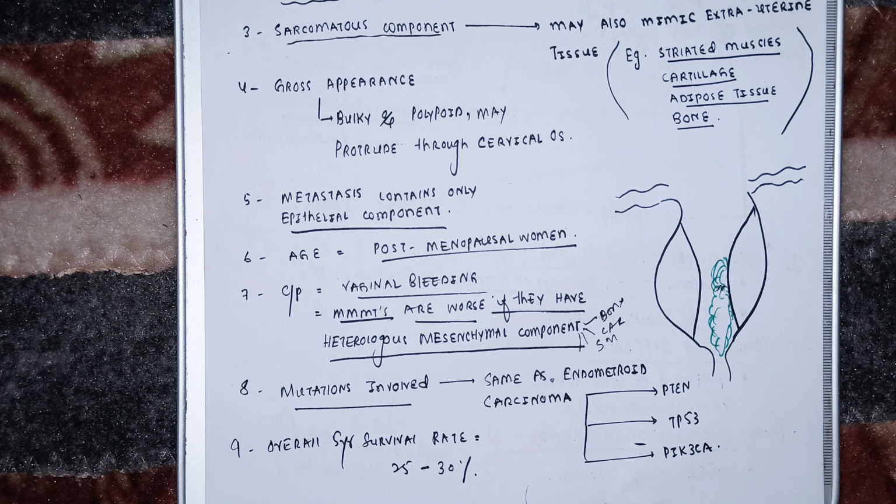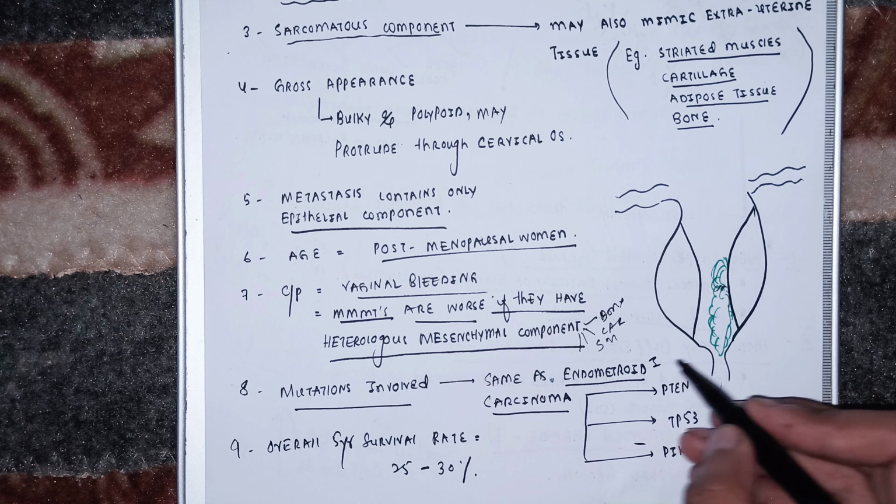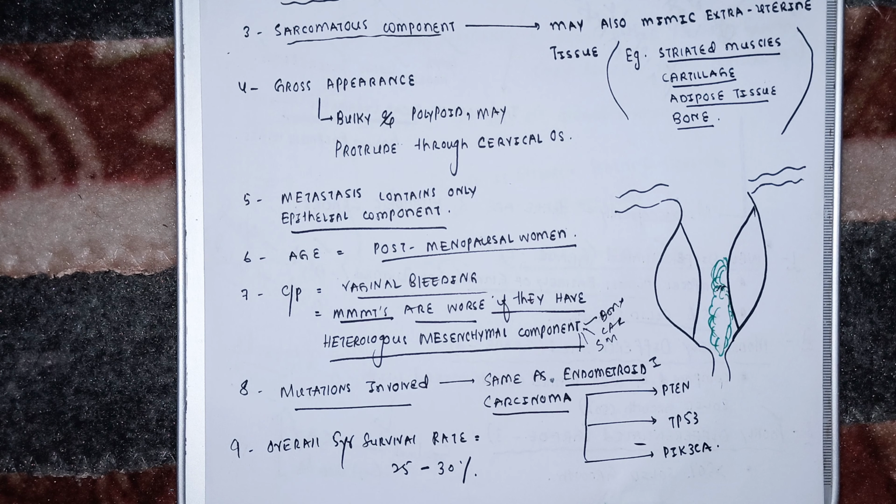The mutations involved are the same as in the case of endometrioid carcinoma. I hope, beta, you remember endometrioid carcinoma from the part 1 video. It is the type 1 endometrial carcinoma. I have delivered a very detailed and high yield lecture on type 1 endometrial carcinoma. Go watch it out.